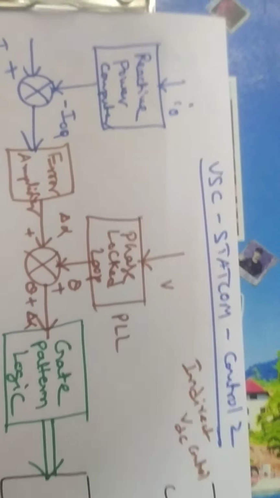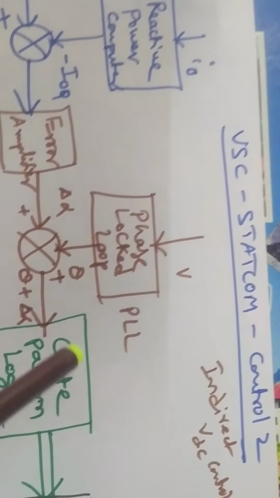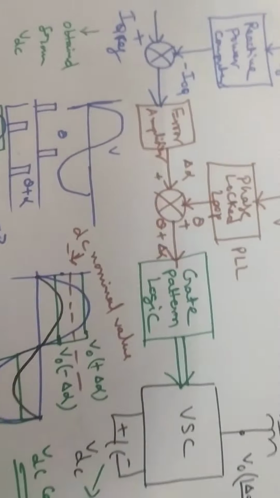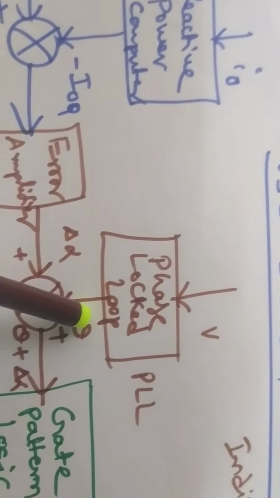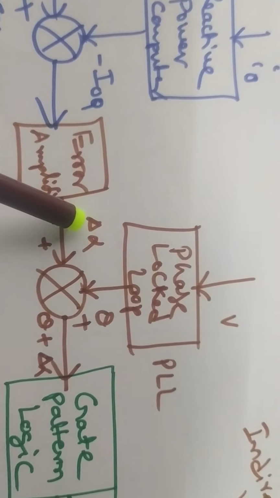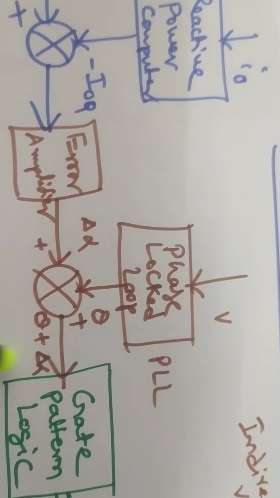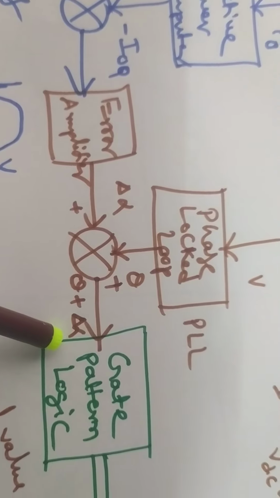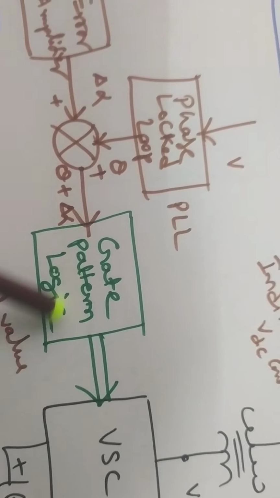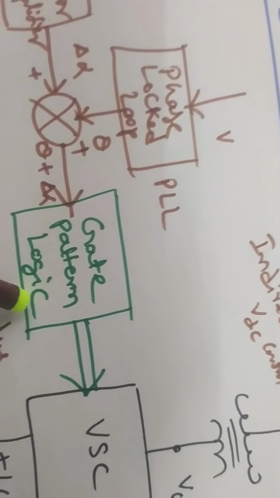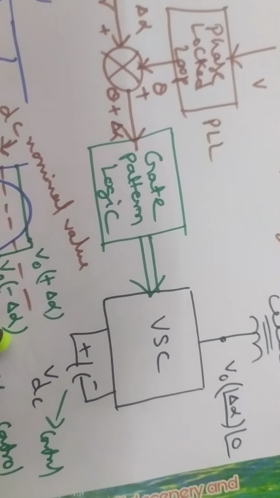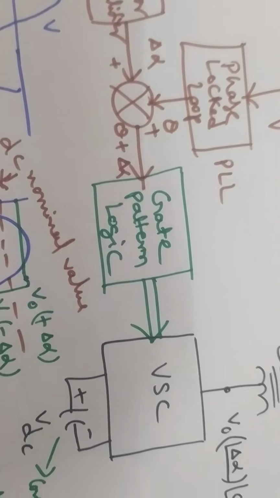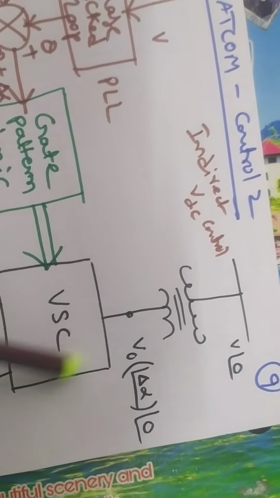So you will obtain theta from the phase lock loop, and you sum the delta alpha and theta to get theta plus delta alpha, and this signal is given to the gate pattern logic, which will control the VSC. So therefore you will get the required V0.